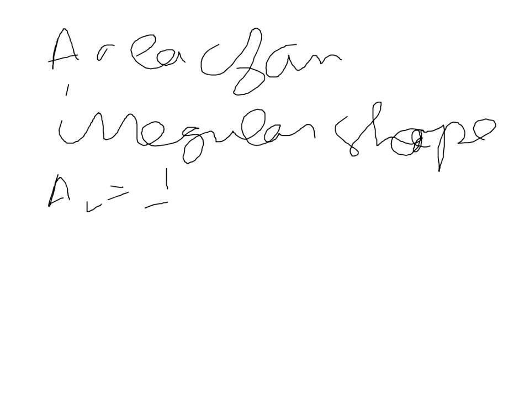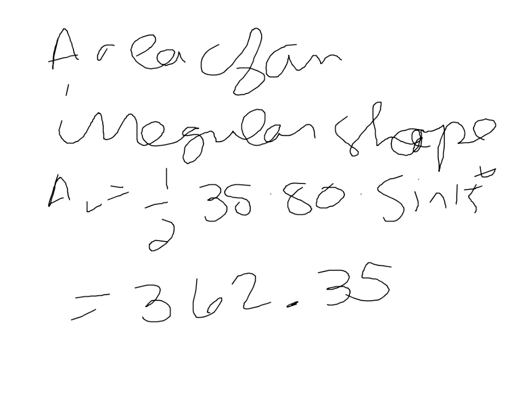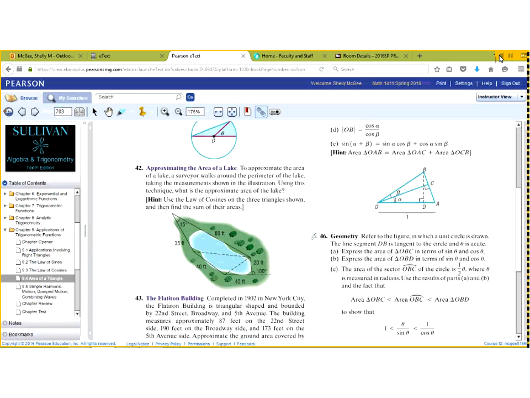So area 1 is 1/2 times 35 times 80 times sine 15, and that comes out to be 362.35.